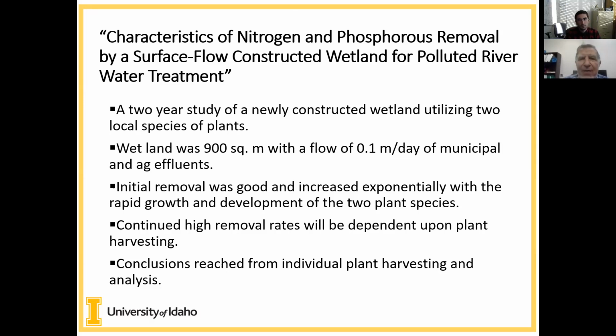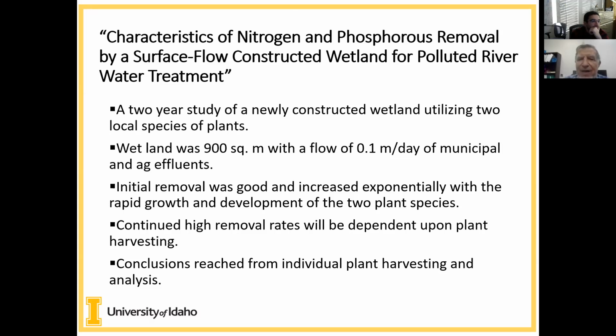The wetland involved 900 square meters with a flow of 1,000 meters a day of municipal and ag effluents. Initial removal was very good and increased exponentially with the rapid growth and development of the 2 plant species. Continued high development was dependent upon plant harvesting.